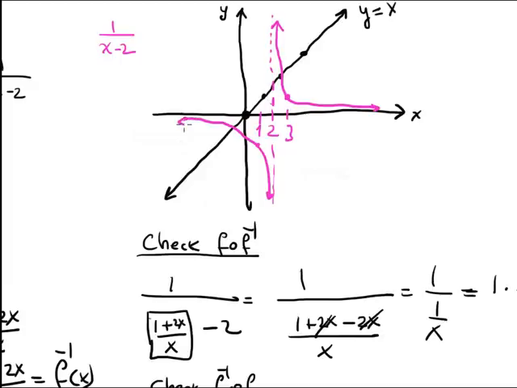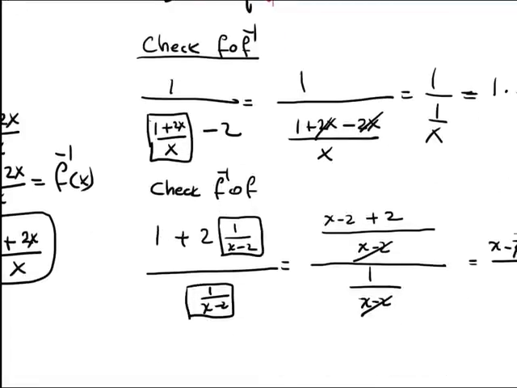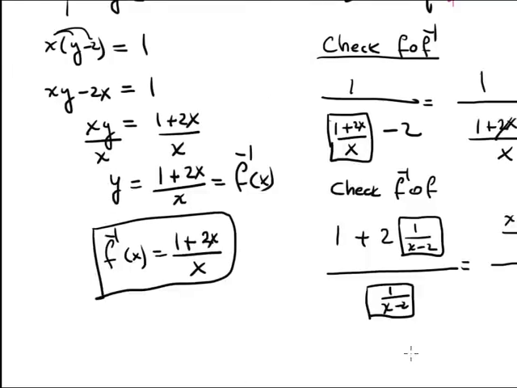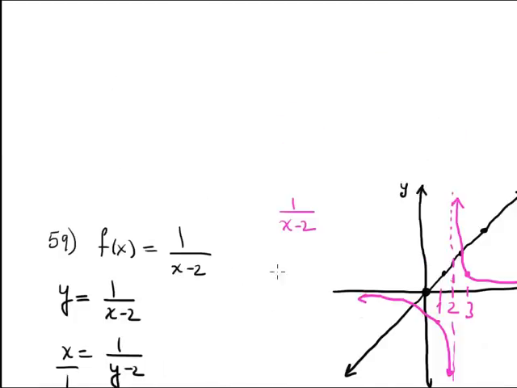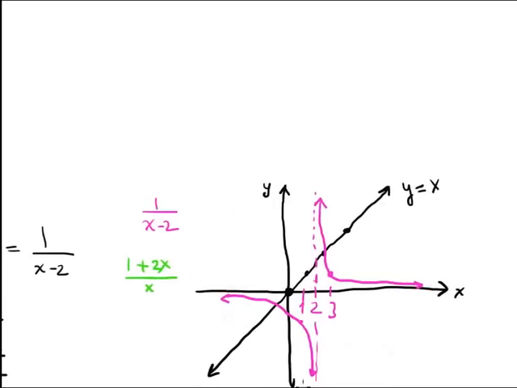Okay. Now let's do the graph of its inverse. The expression for its inverse is 1 plus 2x over x. There are many ways to do that.